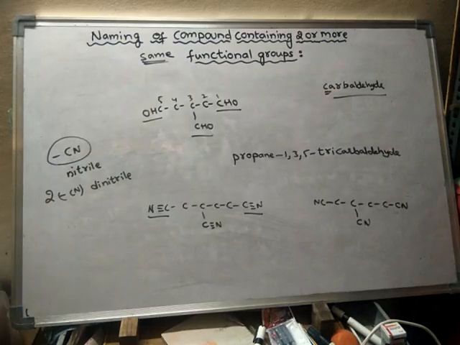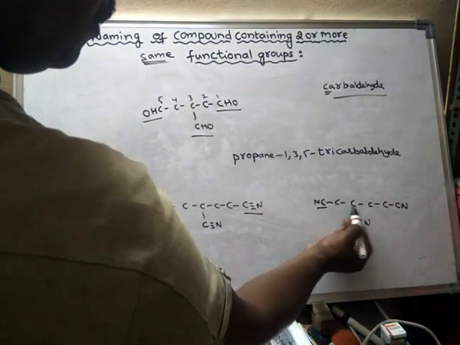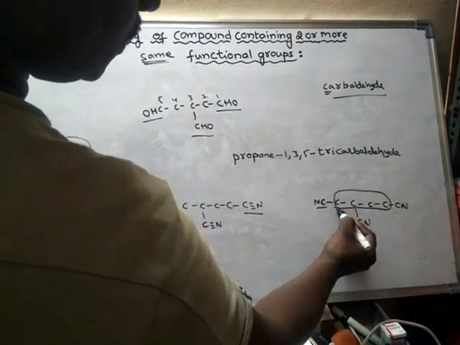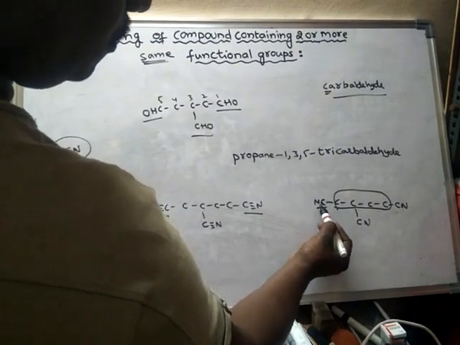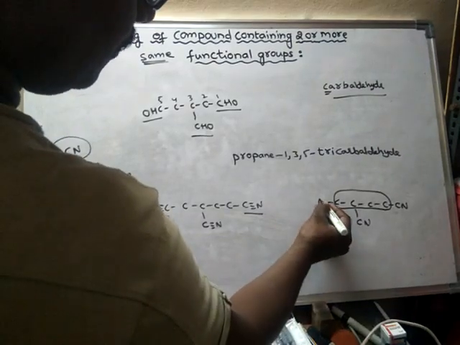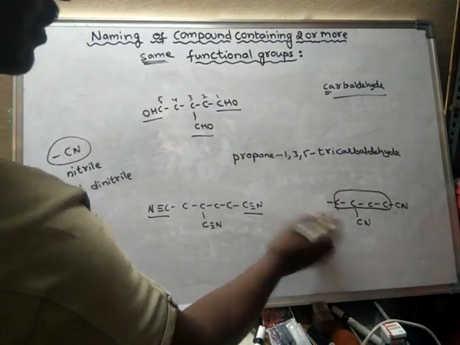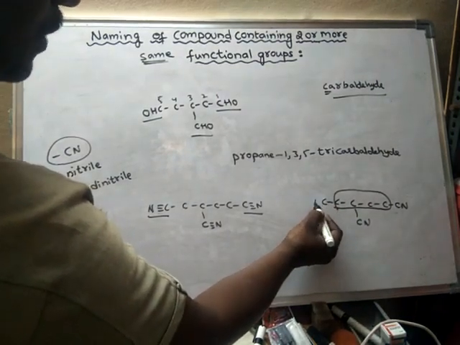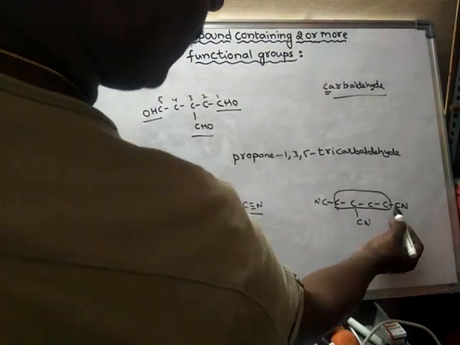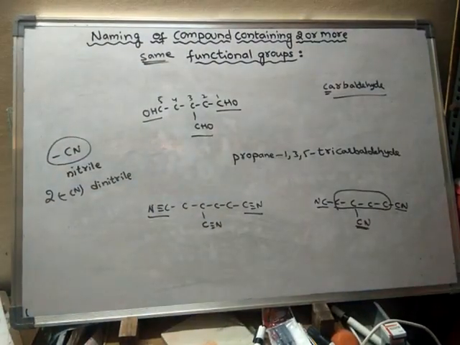Again, these are the chain terminating functional groups, CN, cyanide. Here this carbon is connected to the parent chain. Don't consider it as NC, because here it is not connected like this. If it is connected like this, then we have to treat it as NC. So the connection is from carbon, hence we have to consider it as a CN group. We have to see from where the group is connected.